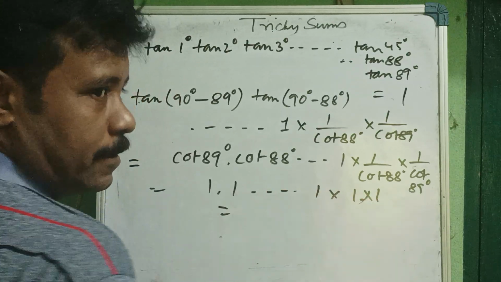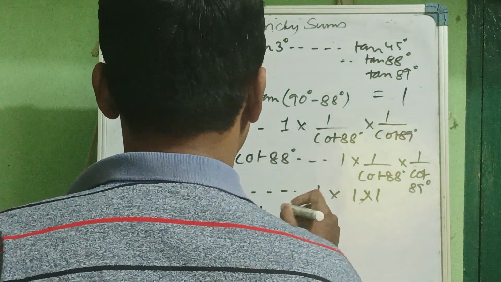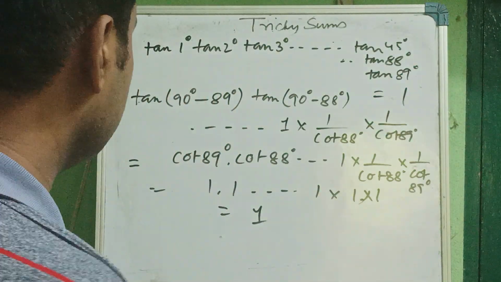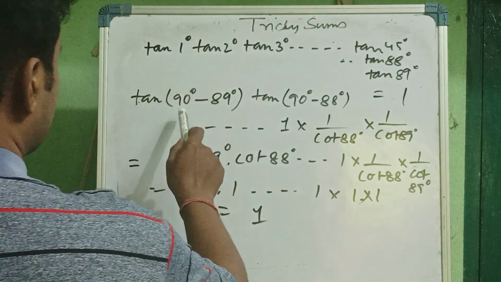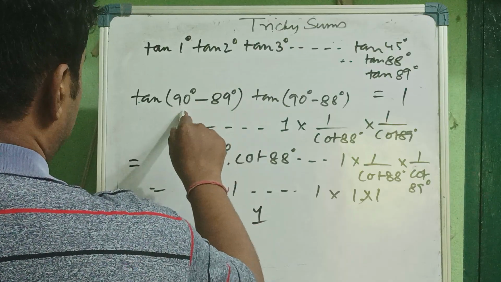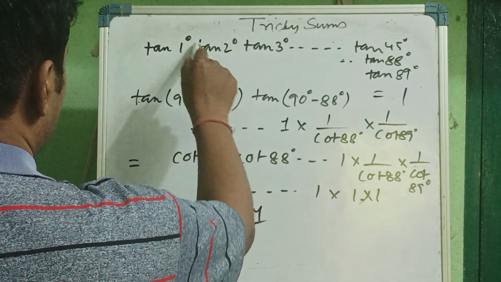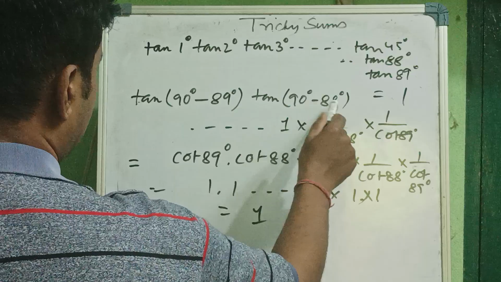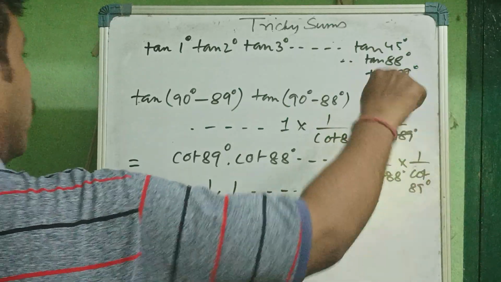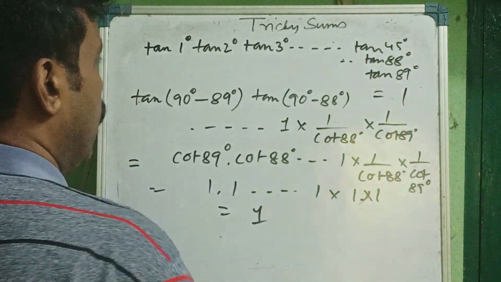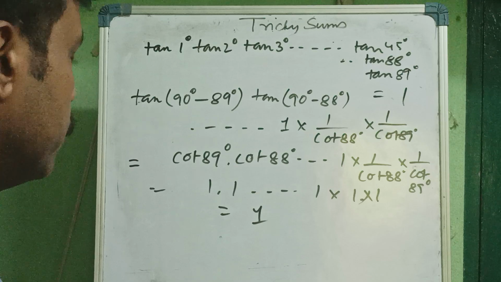So you get the answer 1. So you have to first change this value: tan 1 degree takes place as tan of 90 degree minus 89 degree, tan 2 degree as tan of 90 degree minus 88 degree, and you can reverse tan 88 as 1 by cot 88 degree.